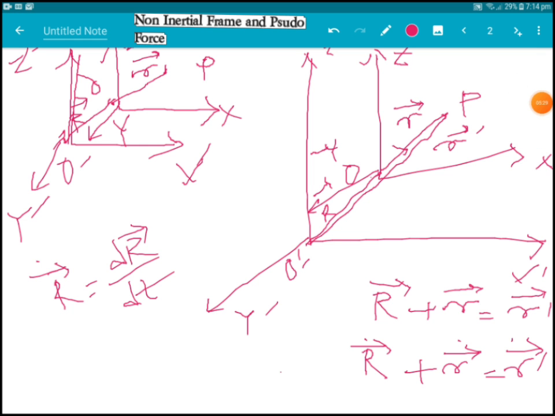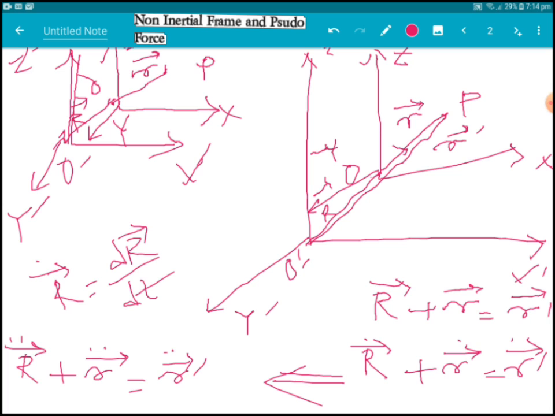Similarly, if we again differentiate with respect to time, then we will get R double dot plus r double dot is equal to r dash double dot.